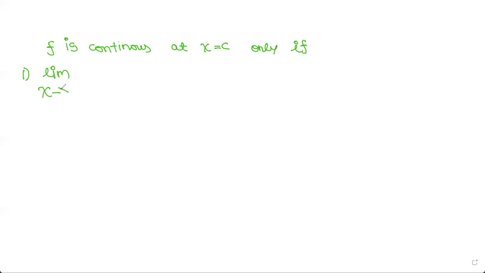So c is a constant. It could be anything like 2, 3, -1, etc. We know how to check if a limit exists or not, right? We've done it in the previous videos.